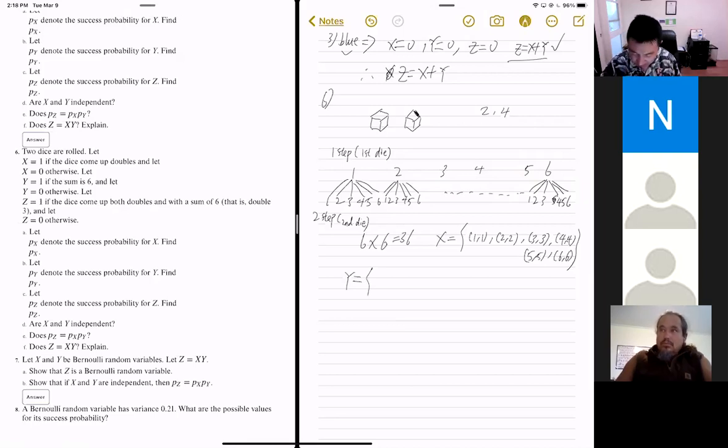When the first die is 1, the second one will be 5. Or when the first is 2, the second one is 4. So 2 plus 4 equals 6. And when the first is 3, the second one is 3.